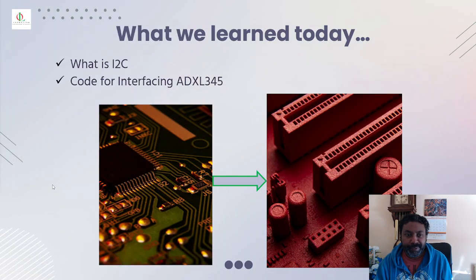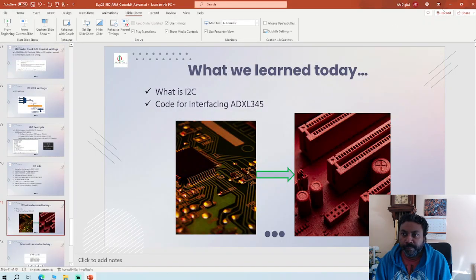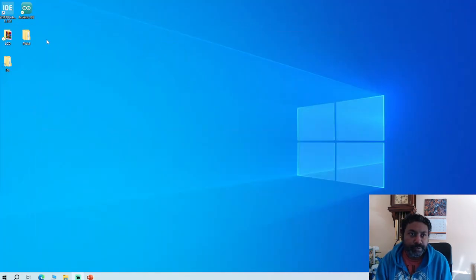I will go and open the IDE. I already did the typing of the program, but I'll walk you through line by line so you can understand as well. I'm just opening STM32 Cube IDE in the background, and today we are learning the I2C initialization code.